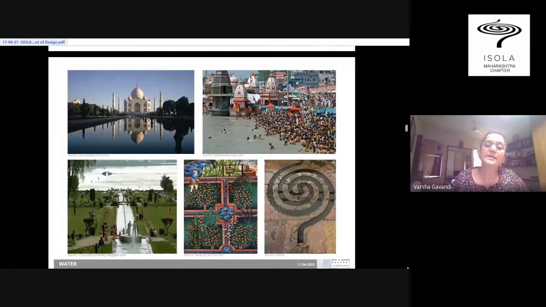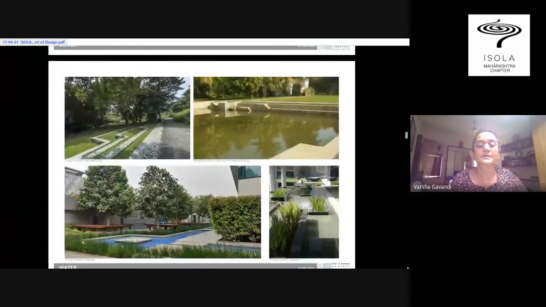So there are many ways in which water has already been used historically, and studying these examples is a great way of learning how water can be used in designs.